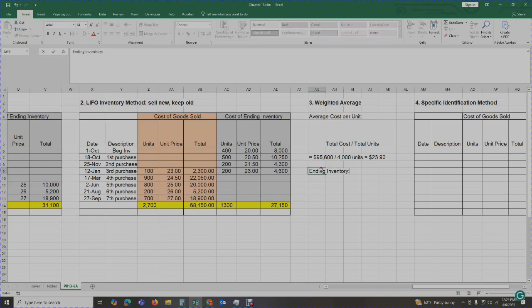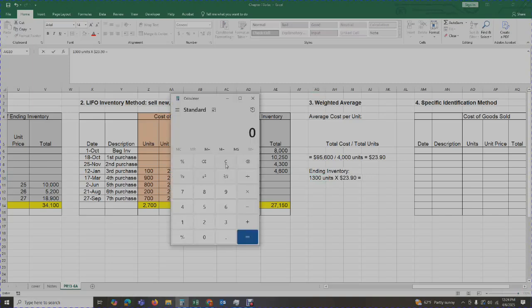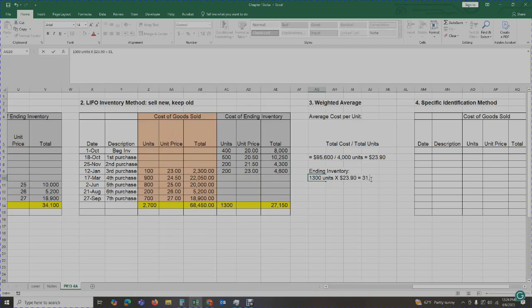Now for the ending inventory, we know that we have 1,300 units. We're going to multiply that by the rate at 23.90. And then that's going to give us 1,300 times 23.90, $31,070. This is how much your 1,300 units in ending inventory is valued. The next thing we're going to do is calculate the cost of goods sold.